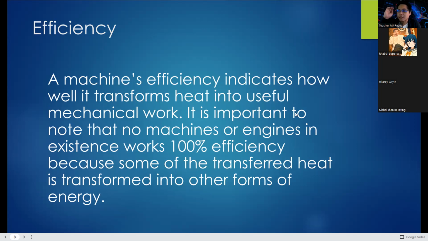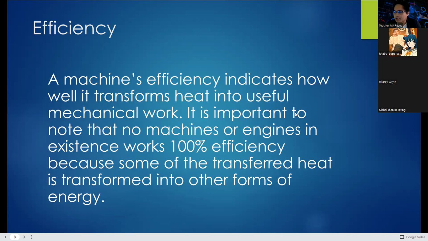Meaning, whatever is transferred will not all be converted into work. There is no such thing as 100%. Some heat or energy is converted into another form.